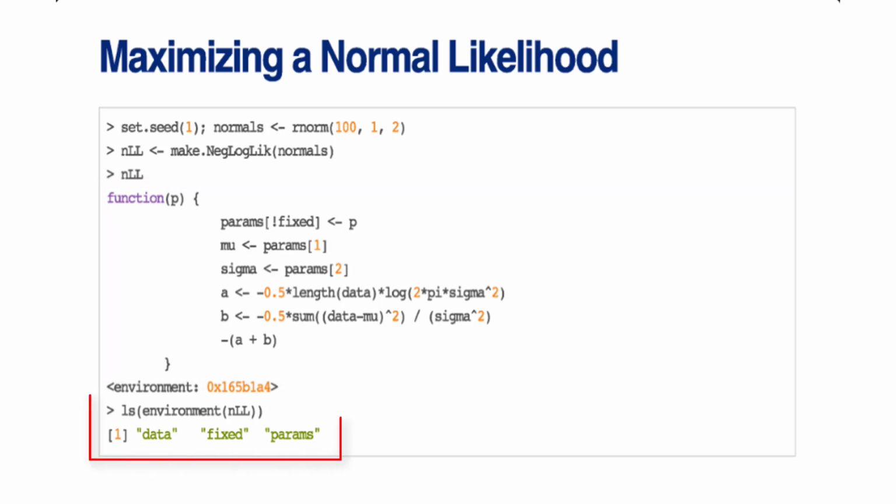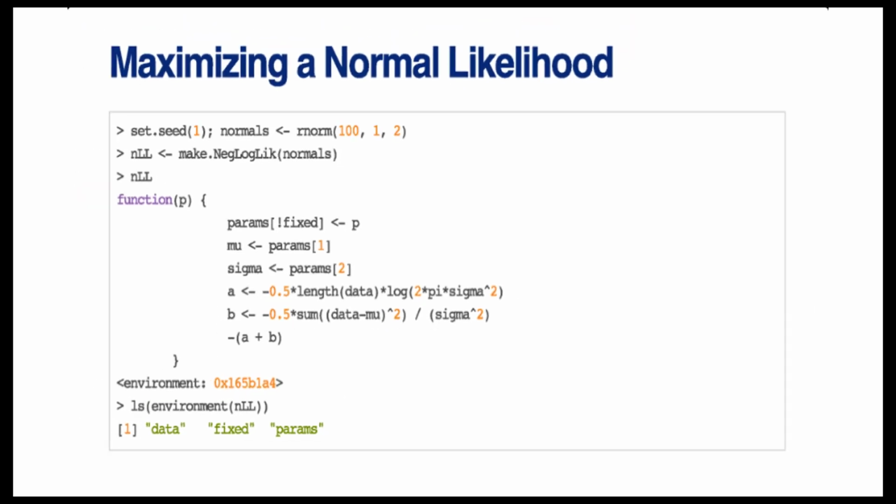So if you look at the environment for this negative log likelihood function, by calling ls, you will see the data variable there, the fixed variable there which indicates which parameters should be fixed, and then there's also the params variable there. So those are all free variables inside this negative log likelihood function, but they are defined in the defining environment.